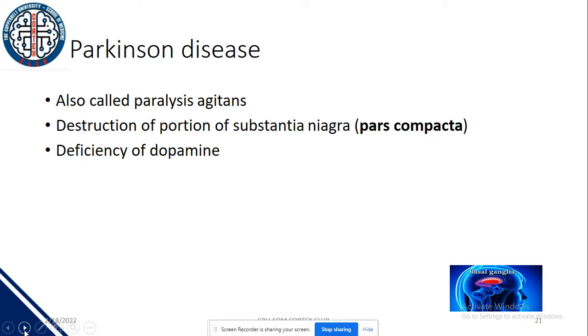But this time around, for us to have Parkinson's disease, normally neurons which are located specifically in the pars compacta of the substantia nigra are damaged. As a result, we have deficiency of dopamine, which is going to affect the indirect and the direct pathways that we described previously.